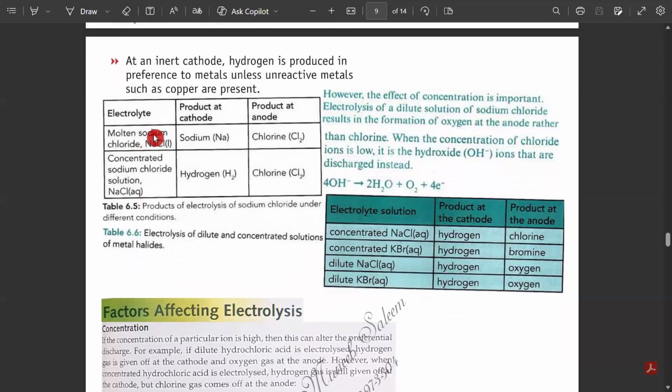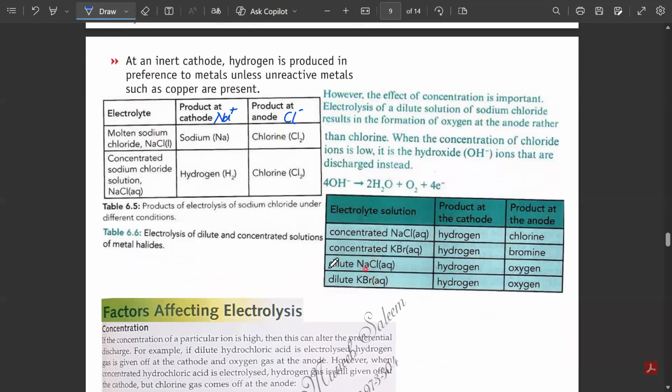We remember if there is just molten NaCl, you will have only one type of cations and one type of anions. The only cations were sodium ions, and only anions were chloride ions. So they were the only species that were discharged at the respective electrode if we used only the molten form.